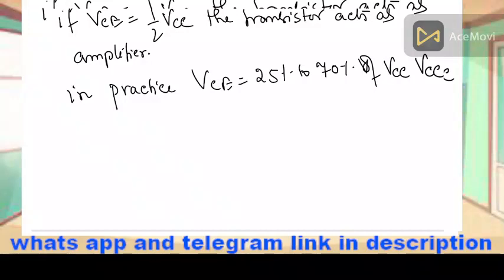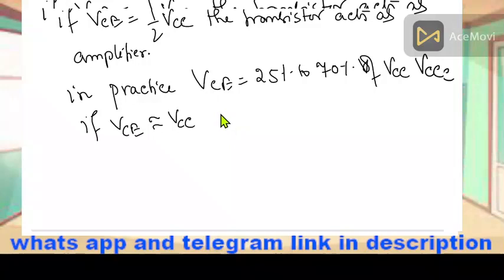Now when operating with VCE near cutoff, the amplification is not proper. I will tell you what is proper amplification or faithful amplification. If you have your VCC, because these are the voltages that you are applying on the transistor, and VCE is almost equal to VCC, it is not necessary that the transistor will go to the cutoff region.